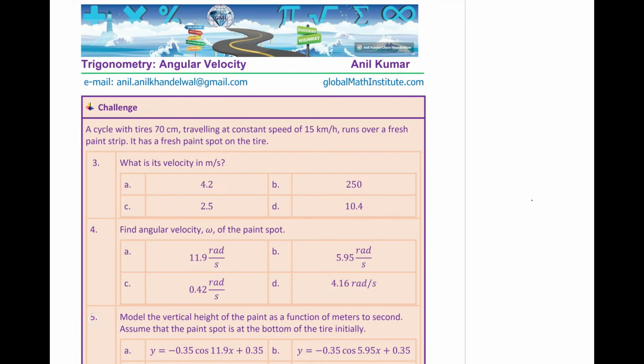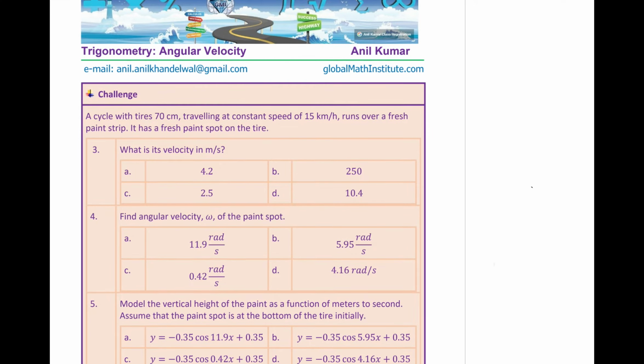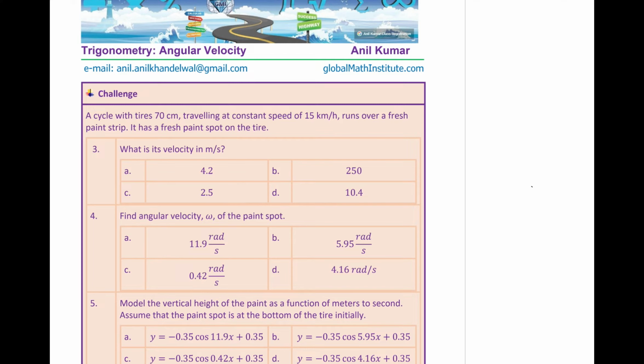And question number 5 is, model the vertical height of the paint as a function of time, in meters and seconds. That means distance traveled by the bike with time. You have to find the height of the paint in meters, with time in seconds. Assume that the paint spot is at the bottom of the tire initially.